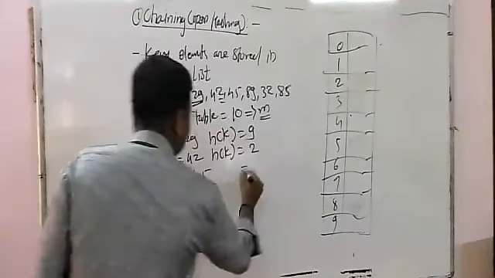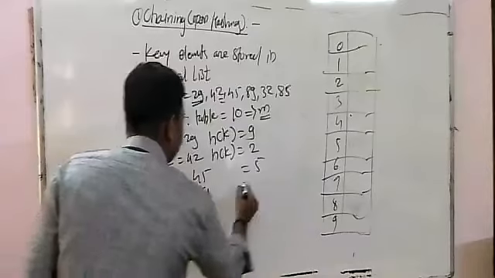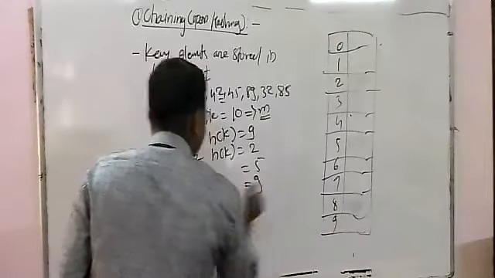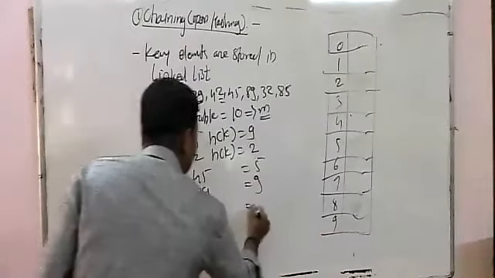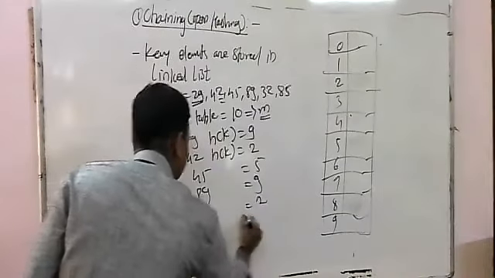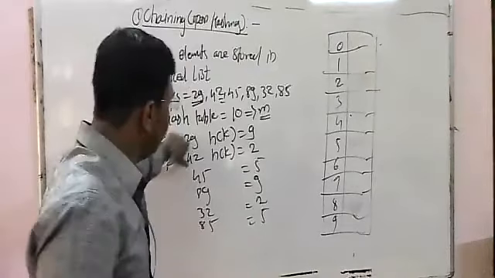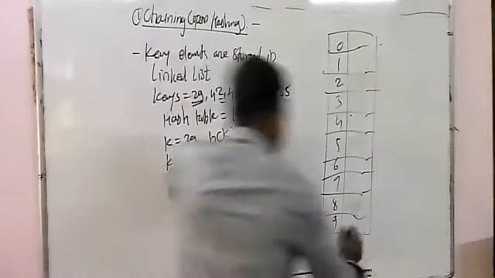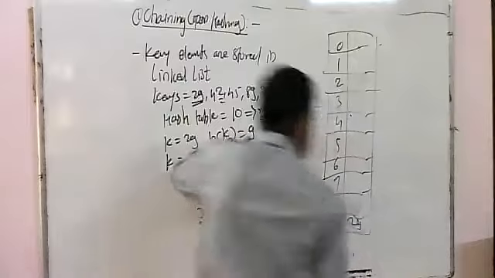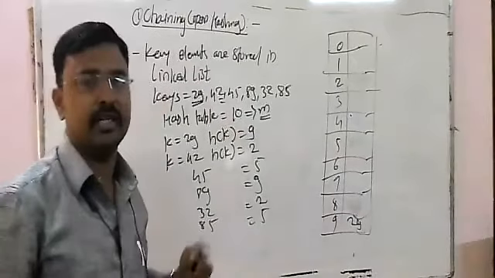Then 45 gives 5, 89 gives 9, 32 gives 2, and 85 gives 5. Now see, 29 is stored at position 9.